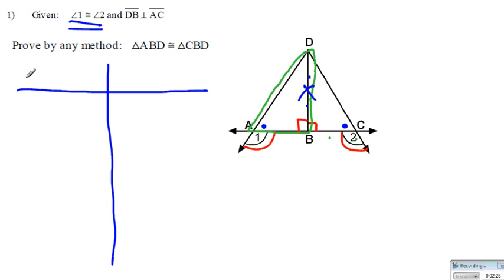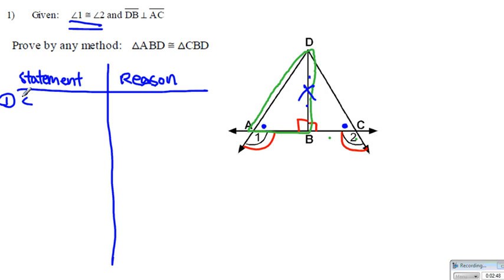So here we have the statements, and here we have the reasons. First one, I like to write down the given statements.